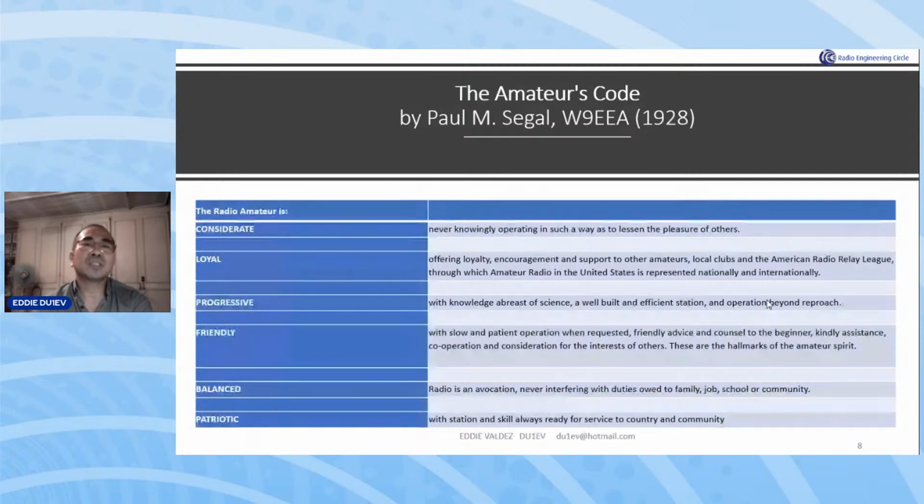This amateurs code was composed by Paul Siegel, W9EEA, in 1928. The radio amateur is considerate, loyal, progressive, friendly, balanced, patriotic.